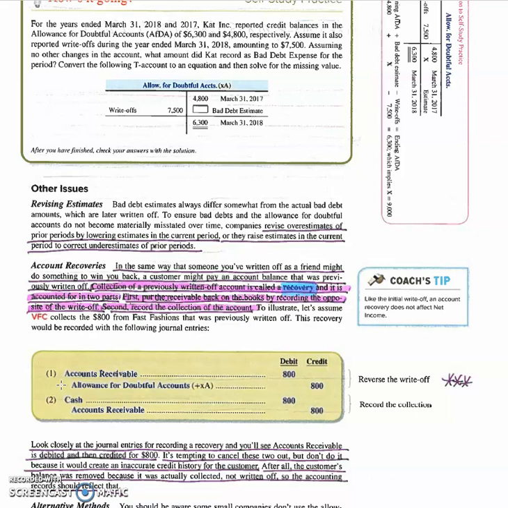So we say, oops, we made a mistake in that prior entry. We thought this person wasn't going to pay, but now we know they are. So we need to undo what we did in writing them off. We debit accounts receivable and credit the allowance for doubtful accounts. Then we debit cash and credit accounts receivable. That is recording their payment.